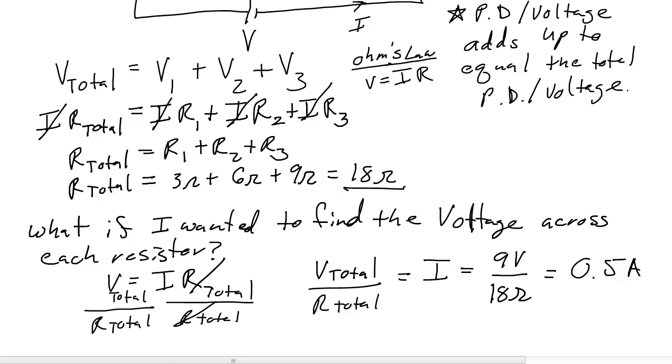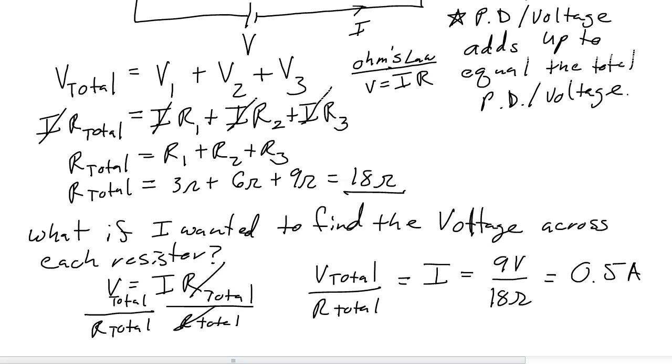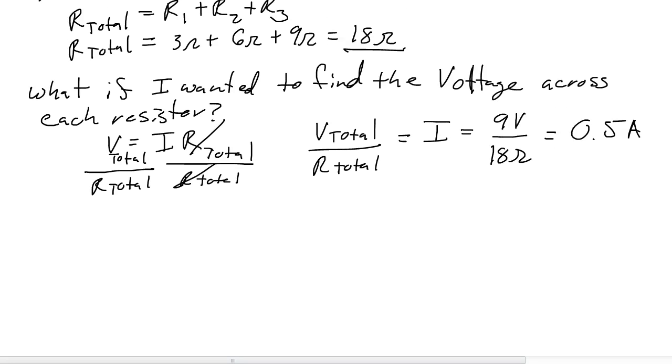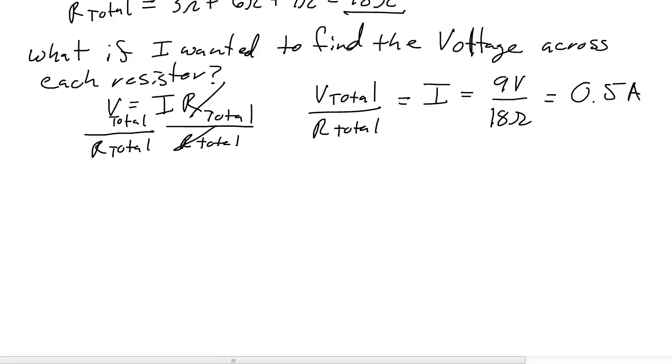Okay, so now how can I take that information and solve for the potential difference across each resistor? Well, I'm just going to use Ohm's law again. So let's solve for the first resistor. So I'm trying to find the potential difference across the first resistor.